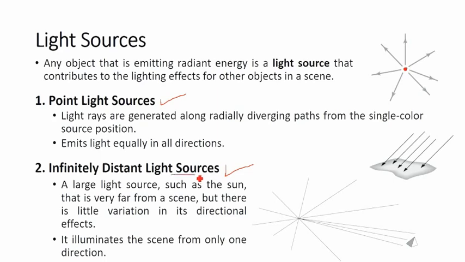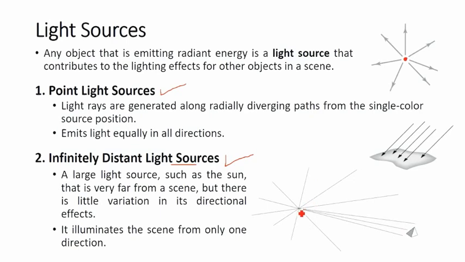Now, to model these kinds of light sources, we need not know the position of the light source, because it is assumed to be at some infinite distance. So what matters here is the direction of the light. Let's assume this is our scene that we have modeled. Since this light source is at some infinite distance, it brings light into the scene from a certain direction.